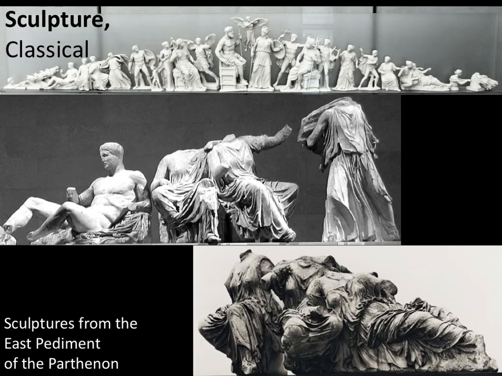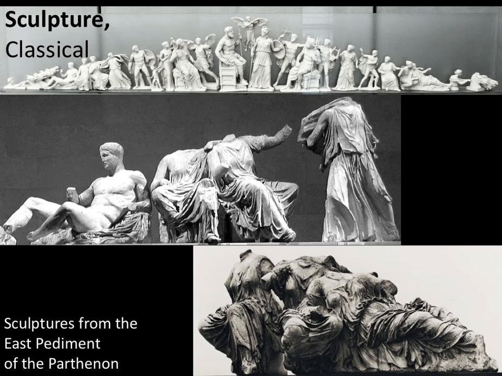And again, in classical sculpture, I pointed out on the ends of the Parthenon, that triangle in the pediment, it invites decoration. And so here at the very top, you see what we believe was in that top decorative piece of the Parthenon.